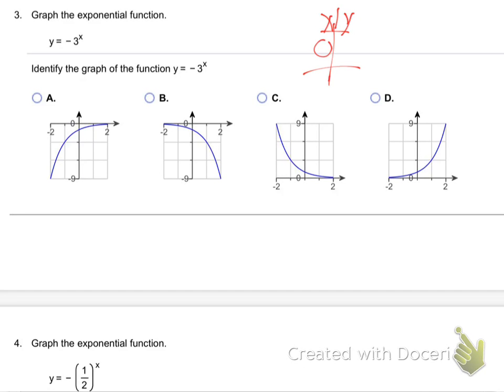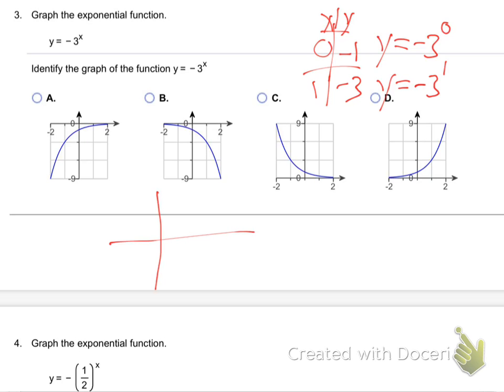So again, 0 and 1. y equals -3 to the 0. So that's going to be, what is that? -1, good. And then what about -3 to the 1? That's just -3. So that wasn't too bad. So over 0, down 1, and over 1, down 3.